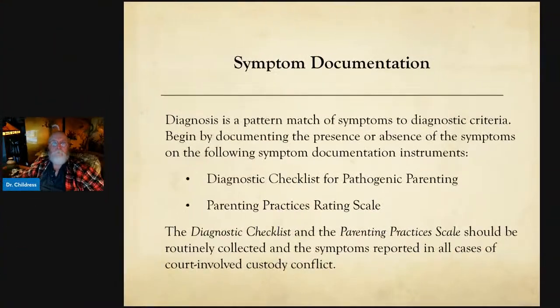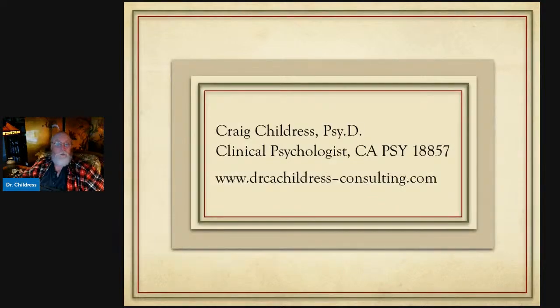And so diagnosis is a pattern match of symptoms to diagnostic criteria. So I recommend routinely that everyone begin by documenting the presence or absence of the symptoms on the following symptom documentation instruments: Diagnostic Checklist for Pathogenic Parenting and the Parenting Practices Rating Scale. And yeah, they should just be routinely collected with this pathology so that we get clarity on what everybody's talking about.